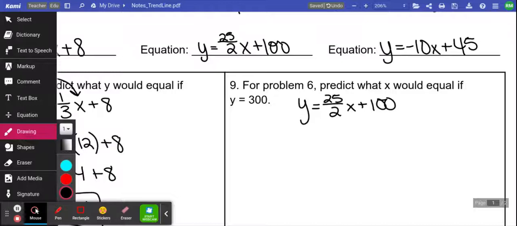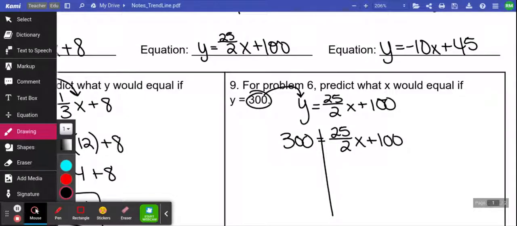Yep, so I'm going to put the 300 where the y is. So 300 equals 25 over 2x plus 100. And then you've got a 2-step equation. And we're ready to solve.